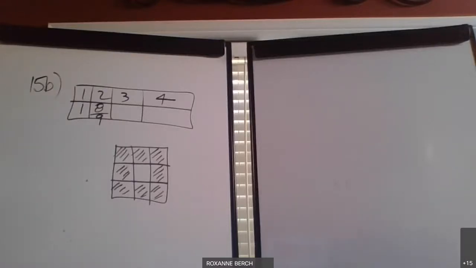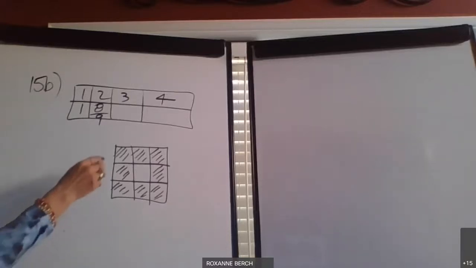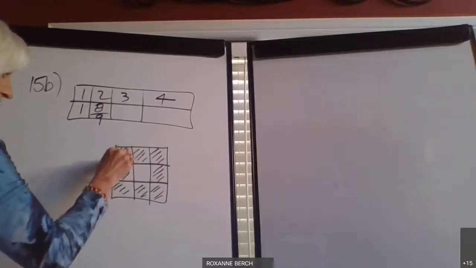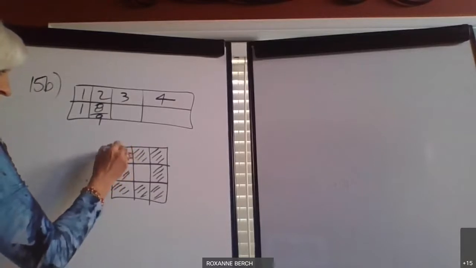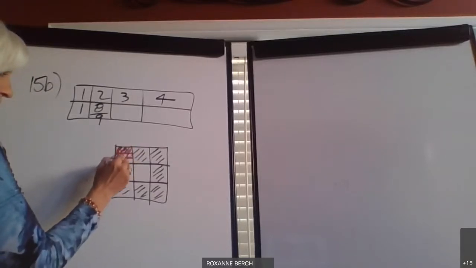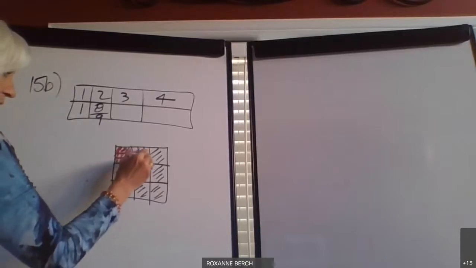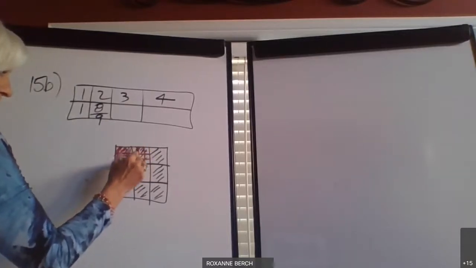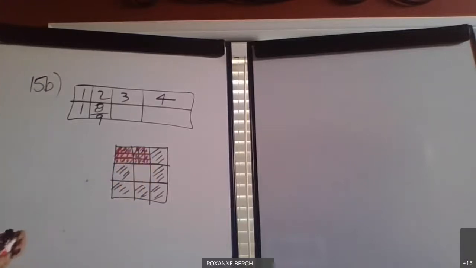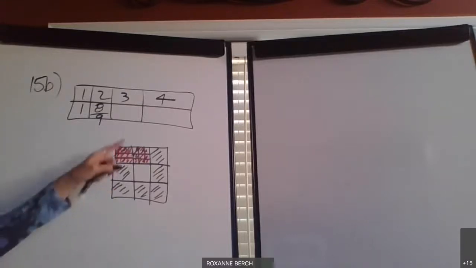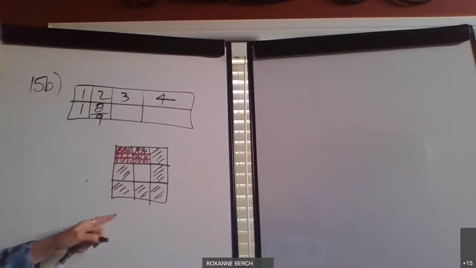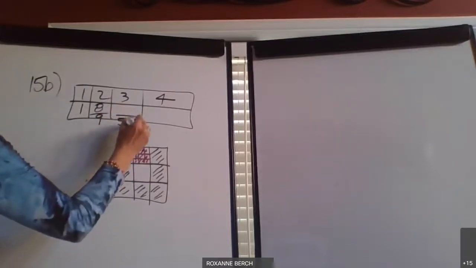The next one is going to be these guys broken into 9 parts and shaded on the outside. So how many total parts is that? Well, each one has 9, so it'd be 9 times 6, right? What's 9 times 6? 54. And how many parts are shaded?